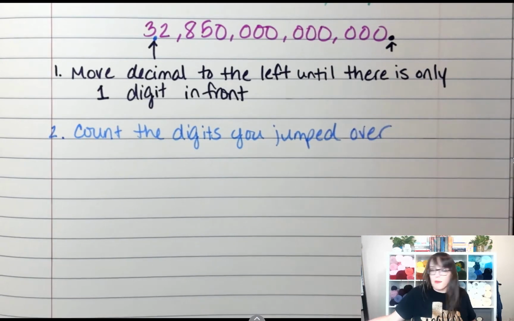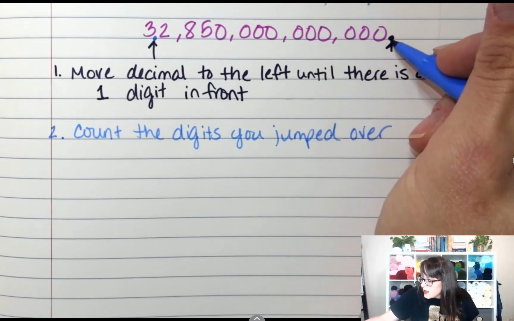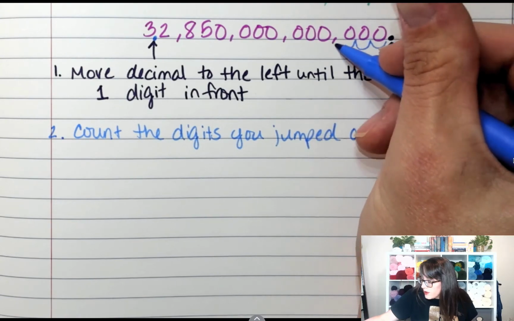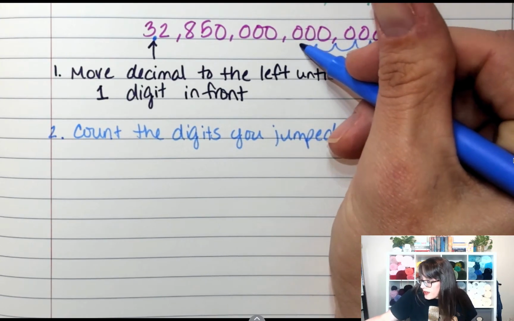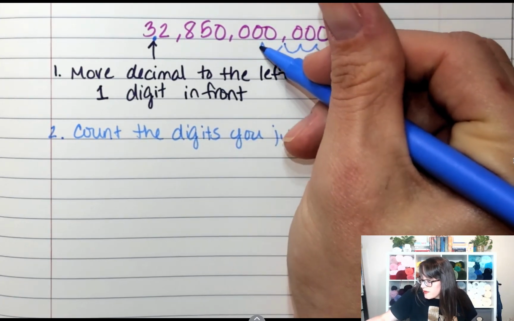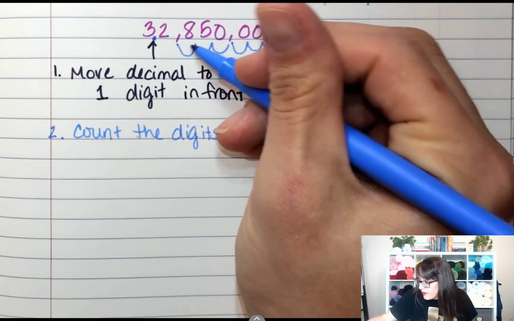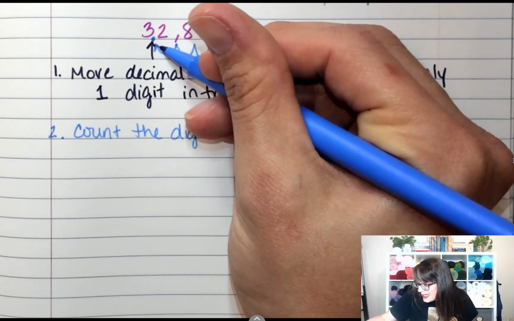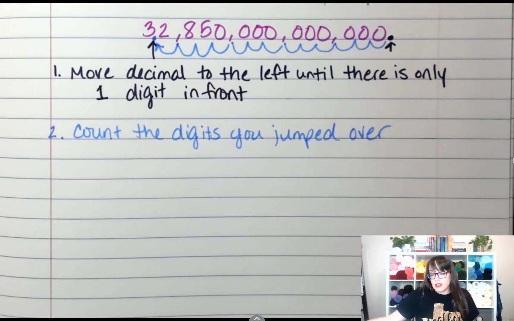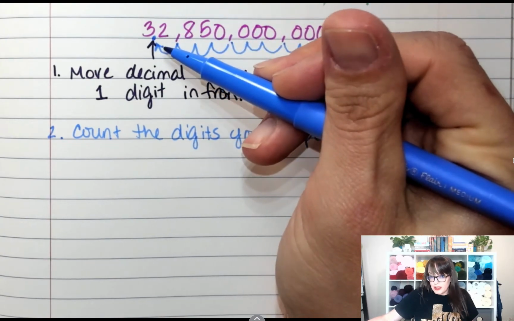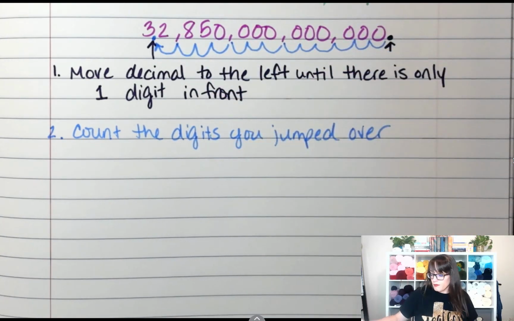It's not a very mathematical term, but we started here and we went 1, 2, 3, 4, 5, 6, 7, 8, 9, 10, 11, 12, 13 numbers to get from the original decimal to the new placement of the decimal.